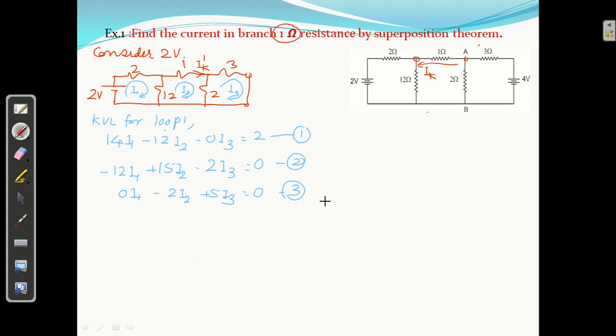X is nothing but I1. I1 I am getting from the calculator. I1 equal to 0.518 ampere. I2 equal to 0.437 ampere.